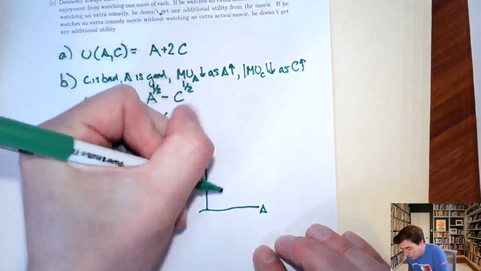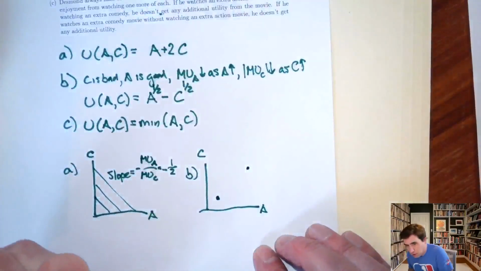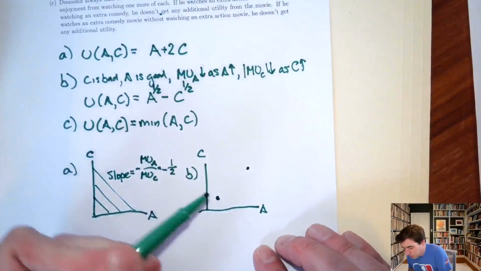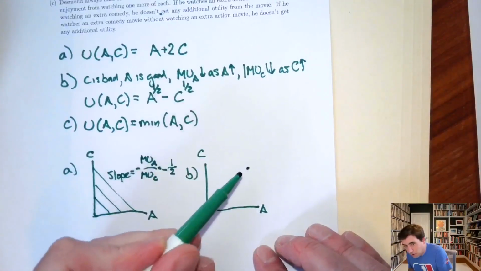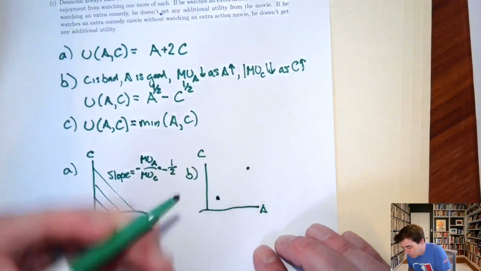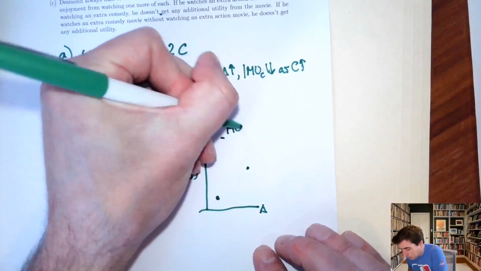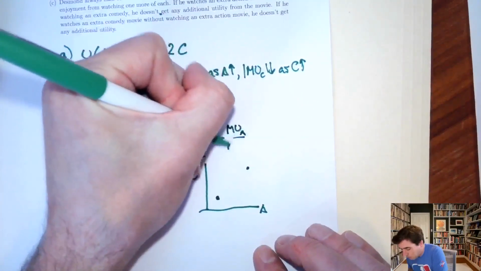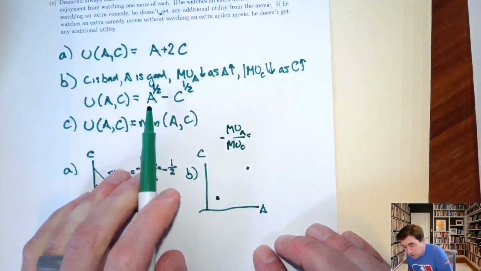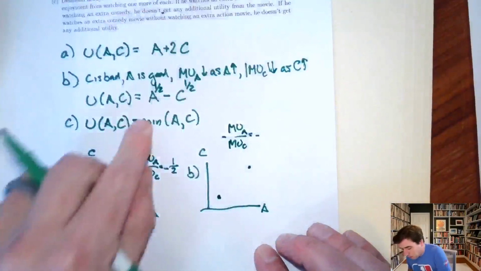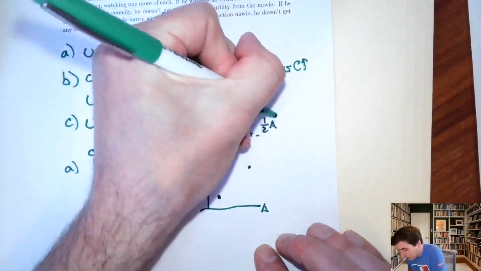All right, this is where I like thinking about how the marginal rate of substitution is changing. So we know we're upward sloping because we have a good and a bad. So think about 2 points on the same upward sloping indifference curve. My marginal rate of substitution is going to be my marginal utility of A over my marginal utility of C, right? Looking back at my function, marginal utility of A is going to be 1/2 A to the minus 1/2.